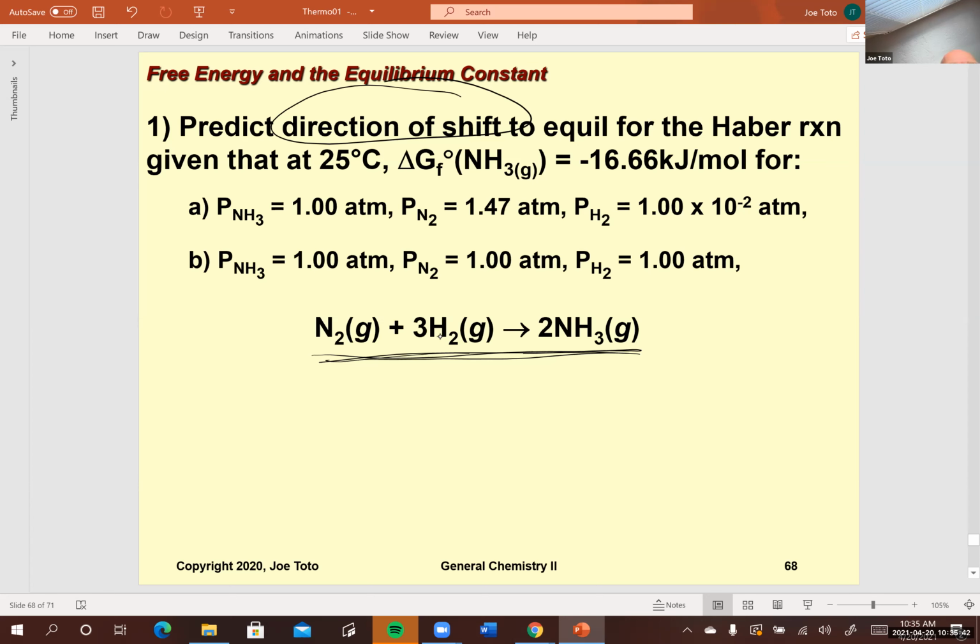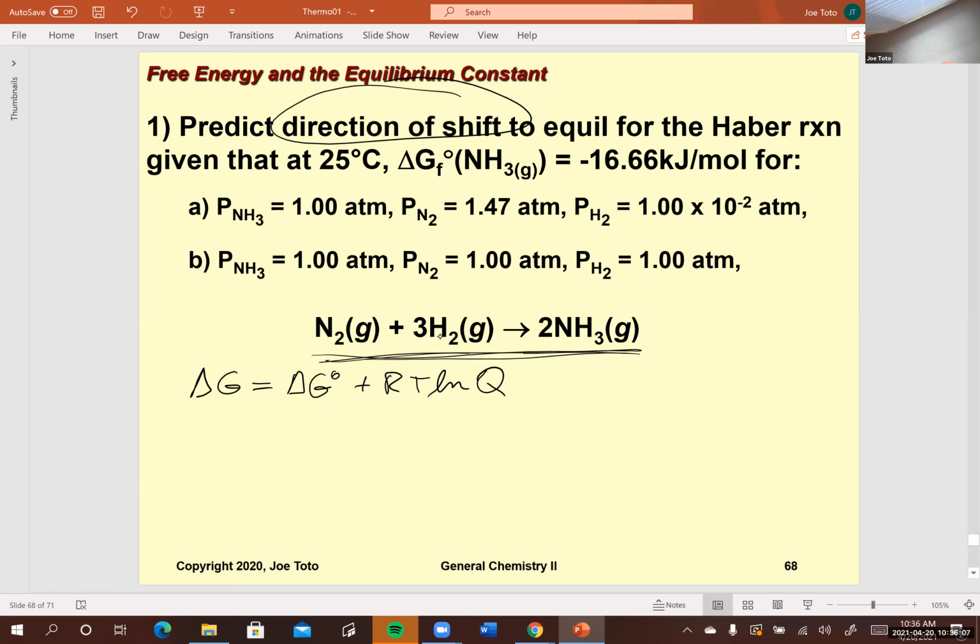And we know from that equation, delta G equals delta G0 plus RT ln Q, where Q is the concentrations at any point in time, right? That's different from the equilibrium concentrations.